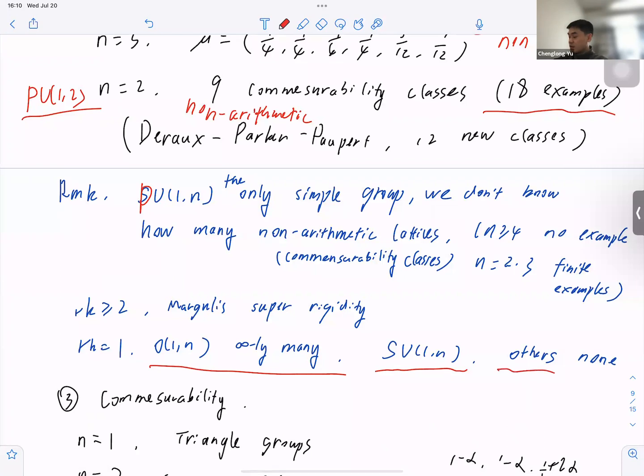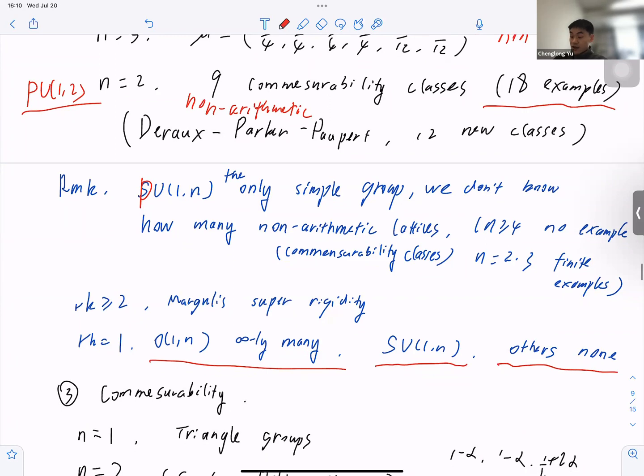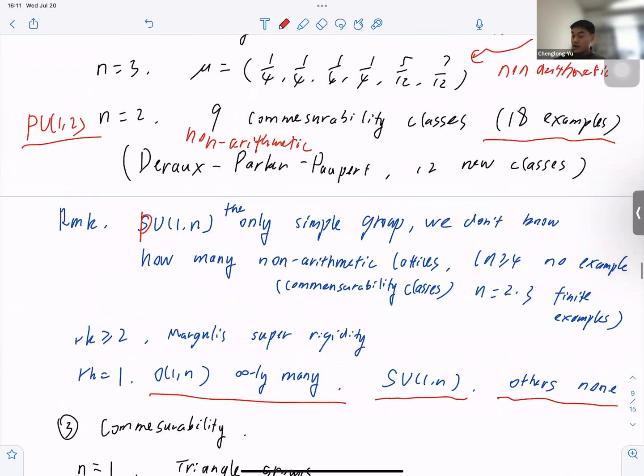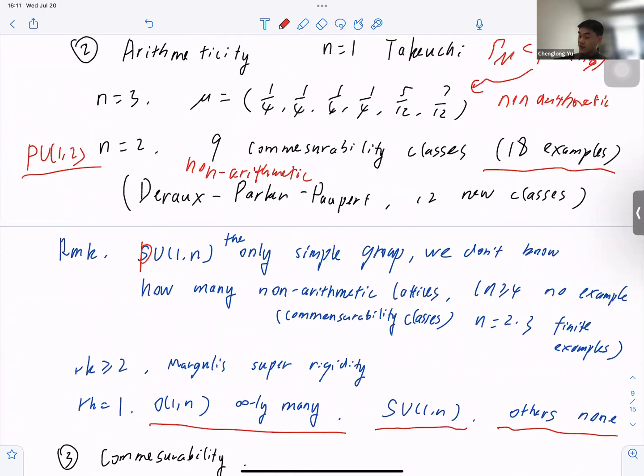And for others, there are results similar to superrigidity, saying that there are no non-arithmetic lattices. So in some sense, SU(1,n) is the only case where we don't know whether we can construct infinitely many non-arithmetic lattices or not. So their motivation is to construct those non-arithmetic lattices. And actually, Deligne-Mostow's paper is the first example constructing those non-arithmetic lattices in PU(1,2).